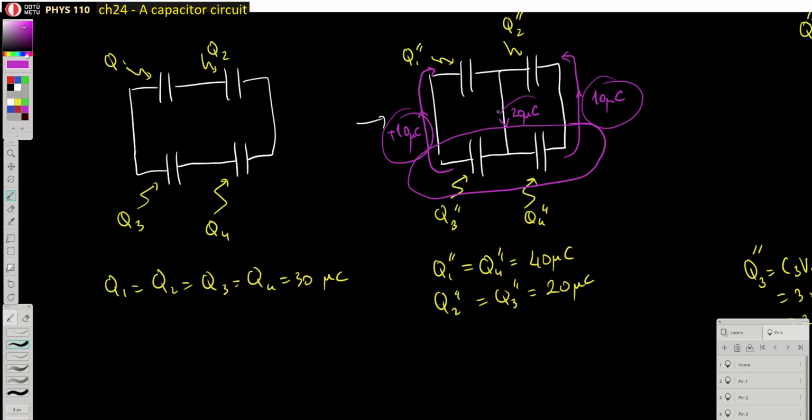But there are some additional charges that come into these two capacitors. So they still remain charge neutral. So the total charge that has flown from all sides into all 4 places of these lower capacitors is equal to 0 in that case. So this 10 plus 10 is equal to 20.